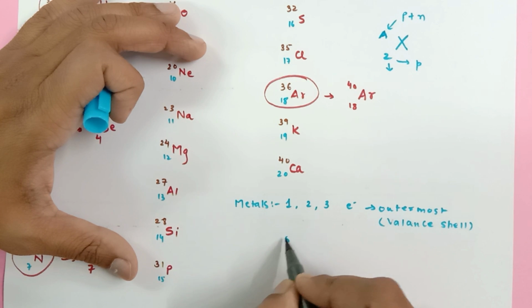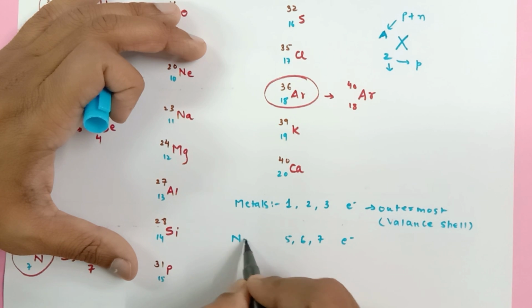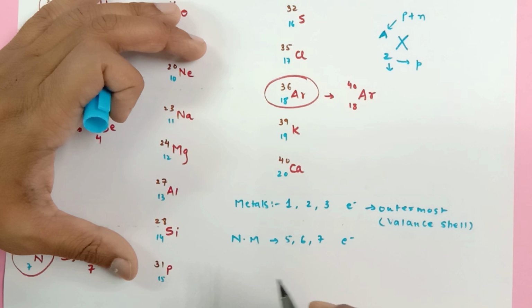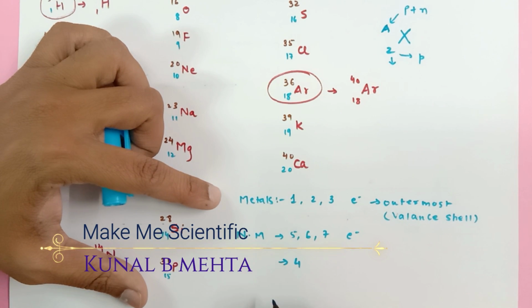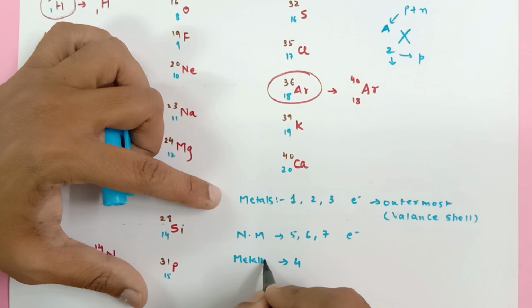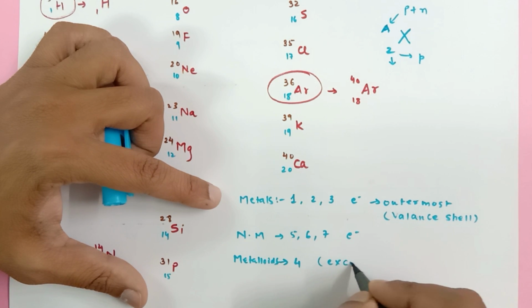If you have 5, 6 and 7 electrons in the outermost shell, they are non-metals. If there are 4 electrons in the outermost shell, then they are metalloids. There are exceptions as always, like carbon.